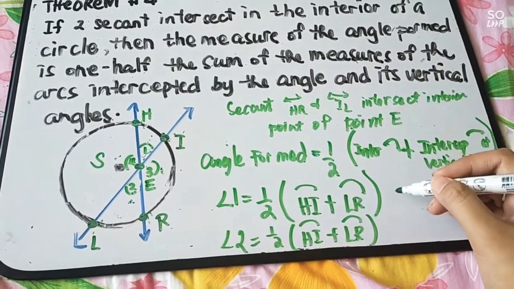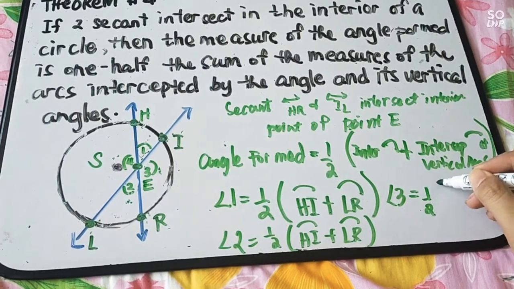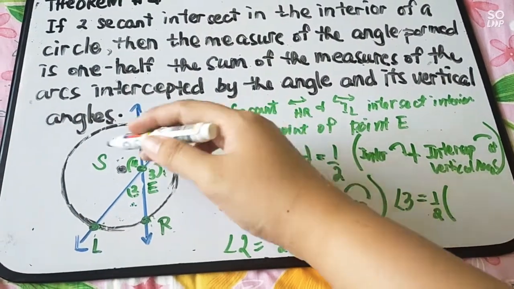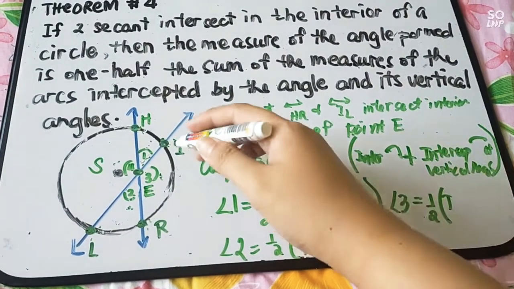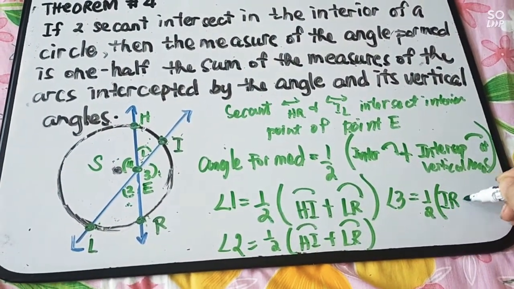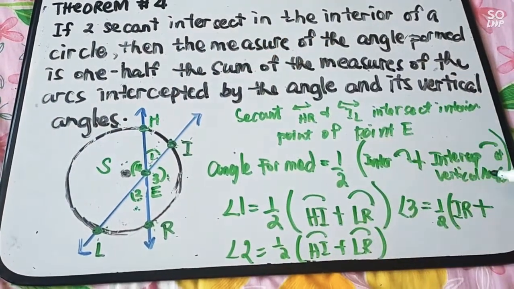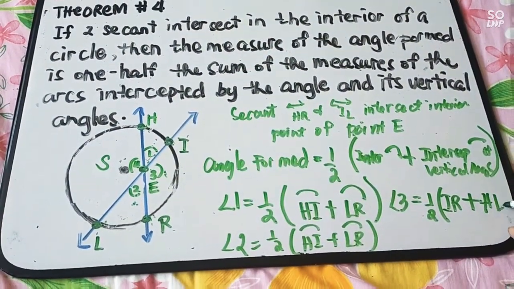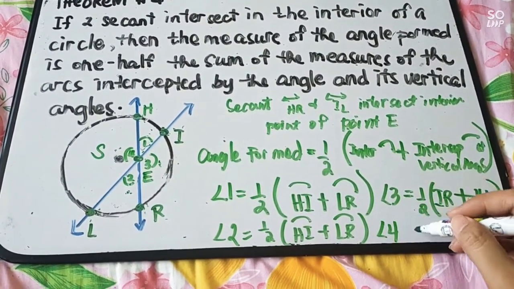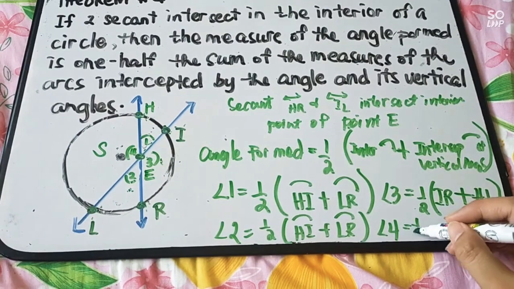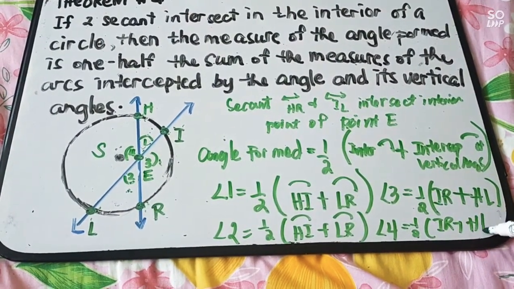What if angle 3? Angle 3 is equal to 1/2 of, since it is vertical, arc IR plus, what is its opposite intercepted arc? We have HL. Okay? So, angle 4 is the same as angle 3, which is 1/2 of IR plus HL.